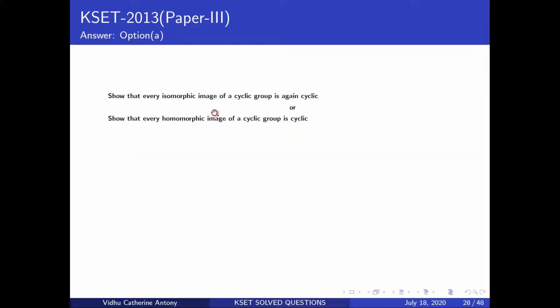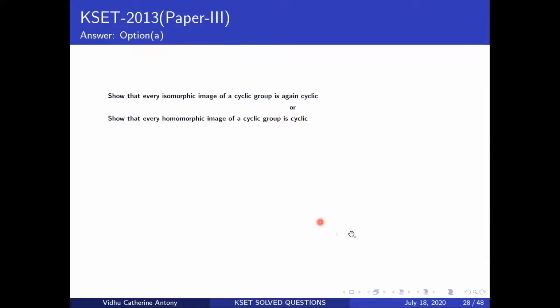It's basically the same proof for both of them, except that for a homomorphism, your function f will not be one-to-one and onto, but in this case it is going to be one-to-one and onto. So it's the same proof, but it depends on how you describe your function f, which goes from a group G to a group H.